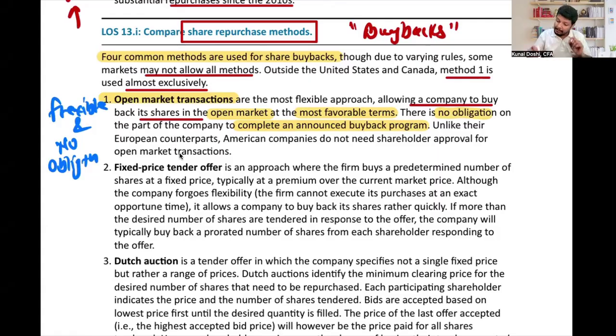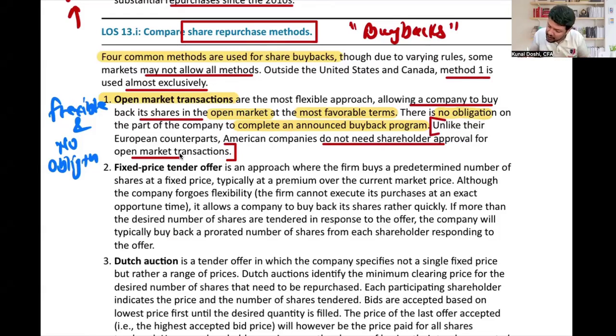Here, European and American companies do not need shareholder approval for open market transactions. Why is this not common in Europe and the US? Because there is an approval required.